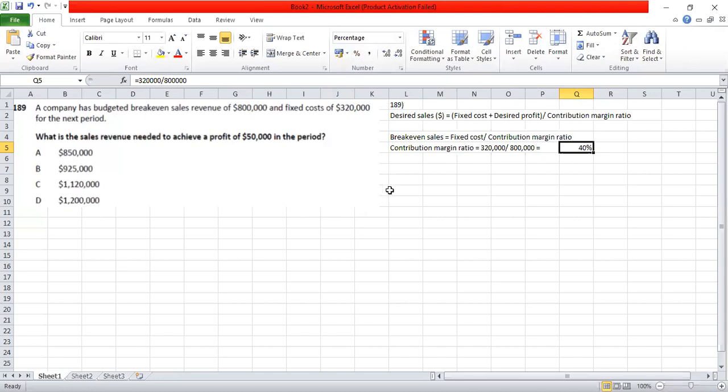Either way we can take that. So desired sales has fixed cost, which is 320. Desired profit is 50. Contribution margin is 40.